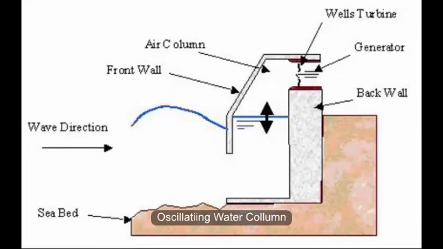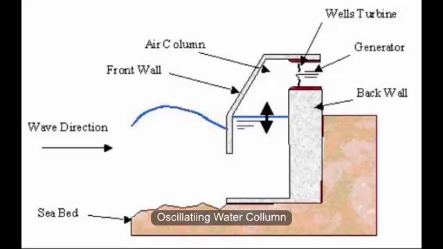Okay, so this diagram here shows the basic model of an oscillating water column. As you can see, there's an opening to the ocean below the water level. This causes a column of air to be trapped above the water column. The wave motion could be modeled as a sinusoidal wave.